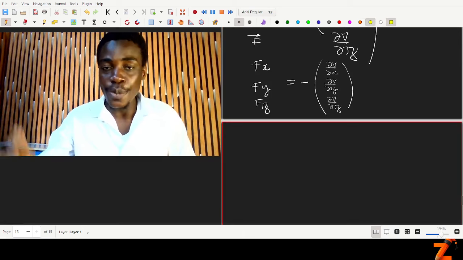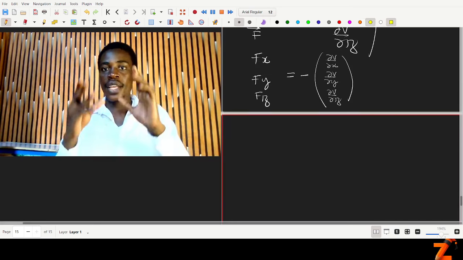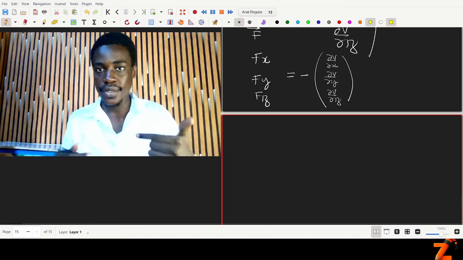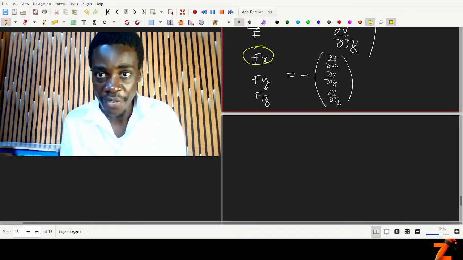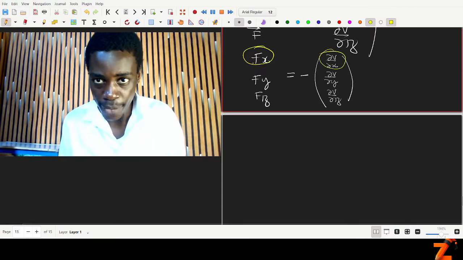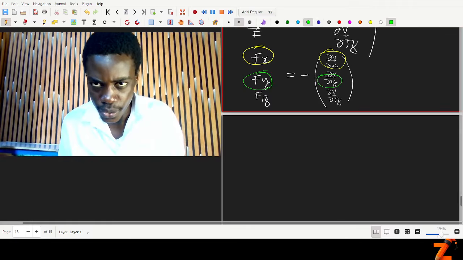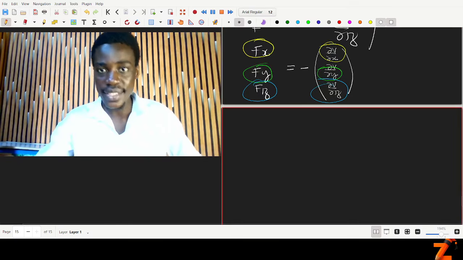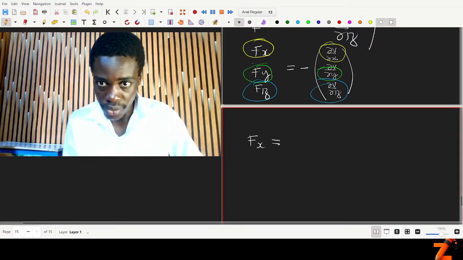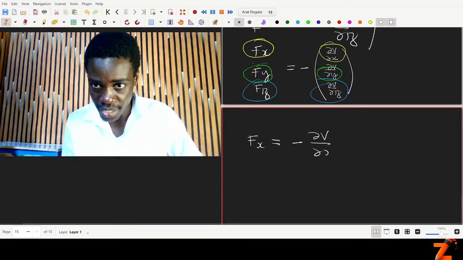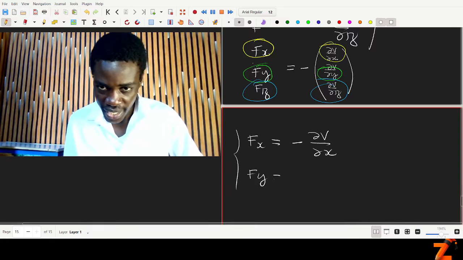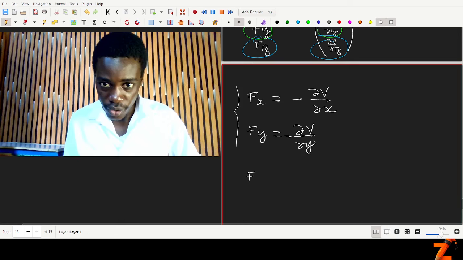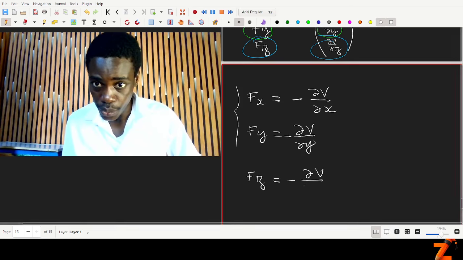It's very good. So I have a system of equations by identifying the components. I can identify fx with this, fy with this, and fz with the last one. So I have three equalities. fx equals negative derivative of v with respect to x. fy equals negative derivative of v with respect to y, and to finish fz equals negative derivative of v with respect to z.